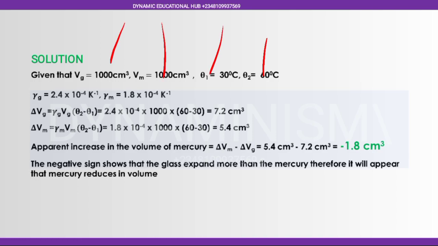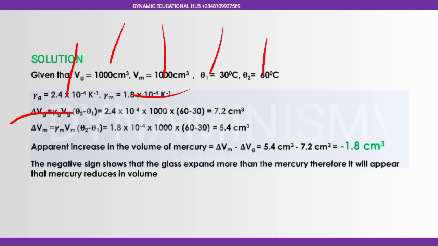Now the next thing, you are given the coefficient of cubic expansivity, which is what? For your glass you are given, and for your mercury as well. You should be familiar with this formula. So change in volume of your glass is equal to gamma glass multiplied by V glass into brackets, change in temperature.